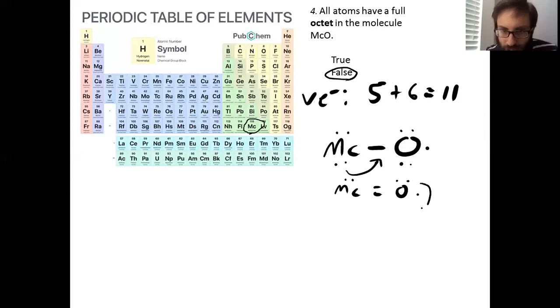We're getting closer. We can bring in another lone pair and try to make a triple bond. If we do that, moscovium is going to be happy, 2, 4, 6, 8, but oxygen is going to have 2, 4, 6, 7. So it's never going to work when you have an odd number of electrons.